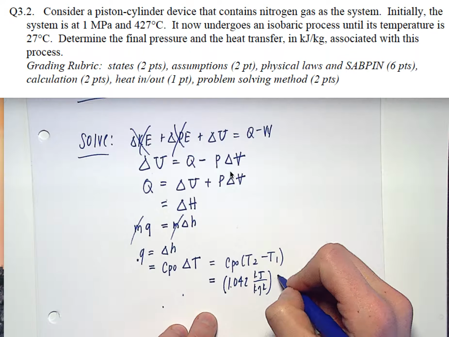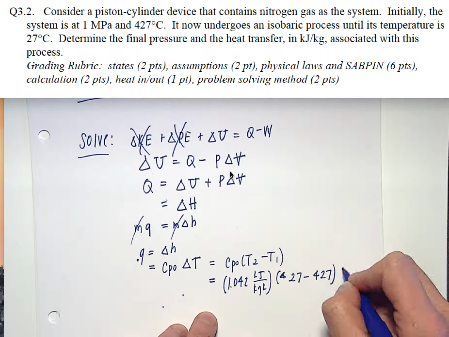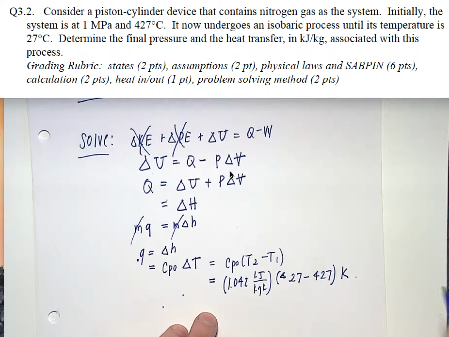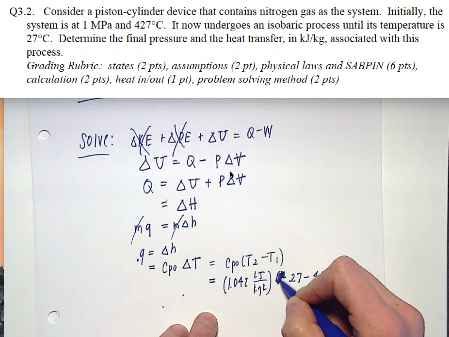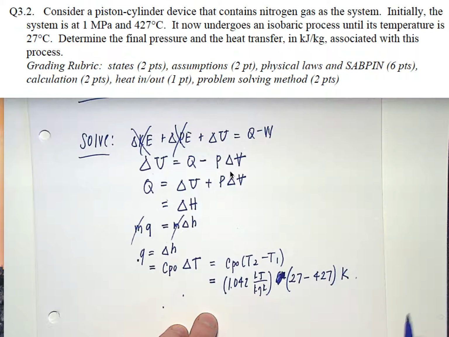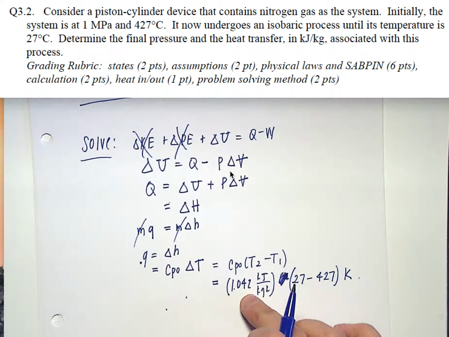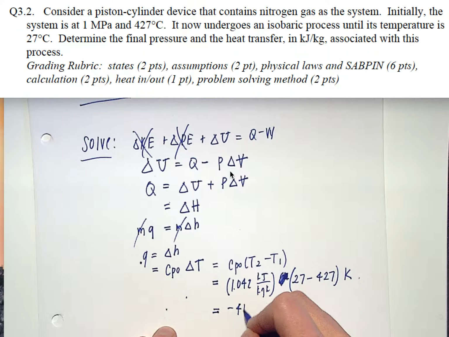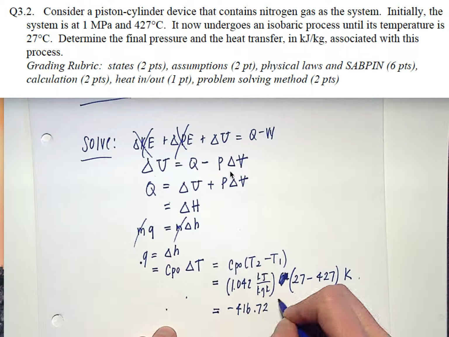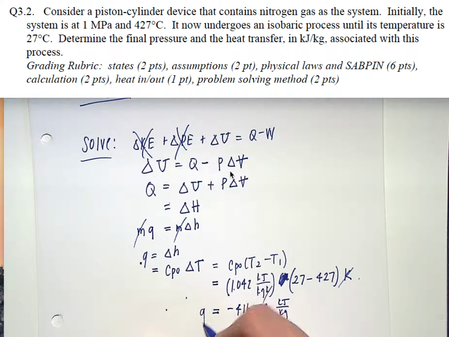So I'm just going to go ahead and plug in the Celsius differences. And then when I write in my units, I'm just going to write them in as Kelvin because that difference is the same in either. So we have 27 minus 427 there. So you're going to get about minus 400 times 1.042. And if you do that, you'll get a final answer of negative 416.72 kilojoules per kilogram, with the Kelvins canceling out. And that is your little q.